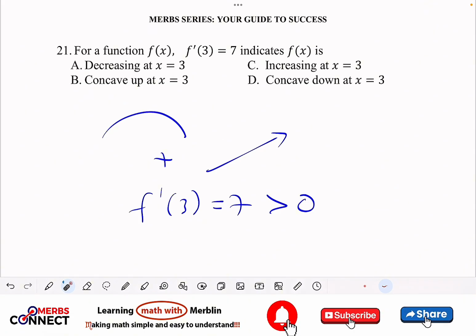Okay, so now let's see which one we are going to choose here. So is it concave down at x or increasing at x? This is a lot of questions to be taken here. So we cannot say that it is concave down. Why? Because for us to say that it is concave down, we need to make sure that it indeed changes on the other side.